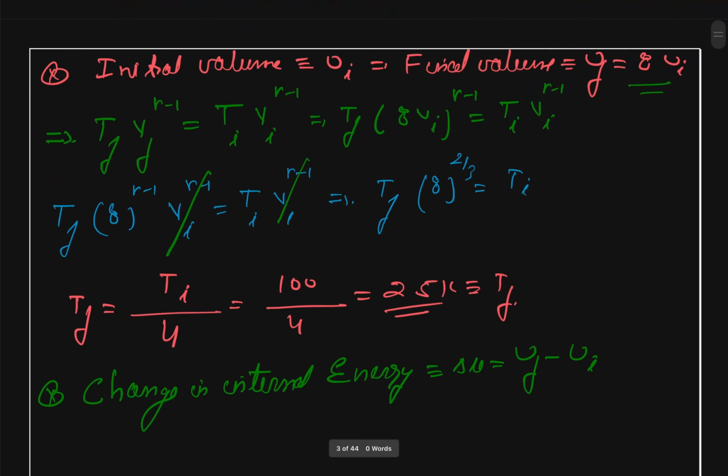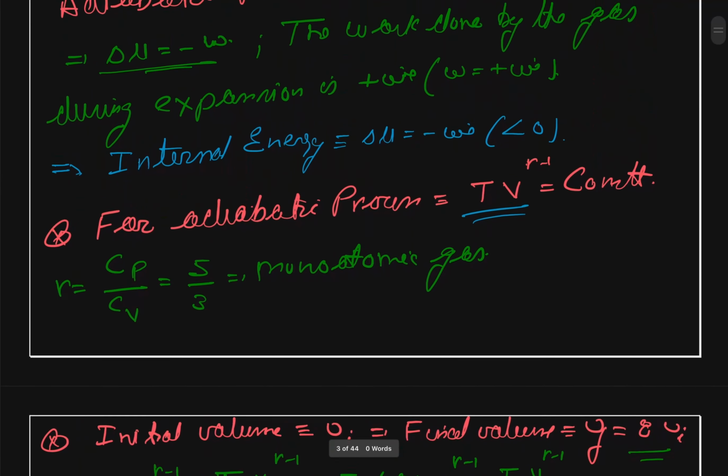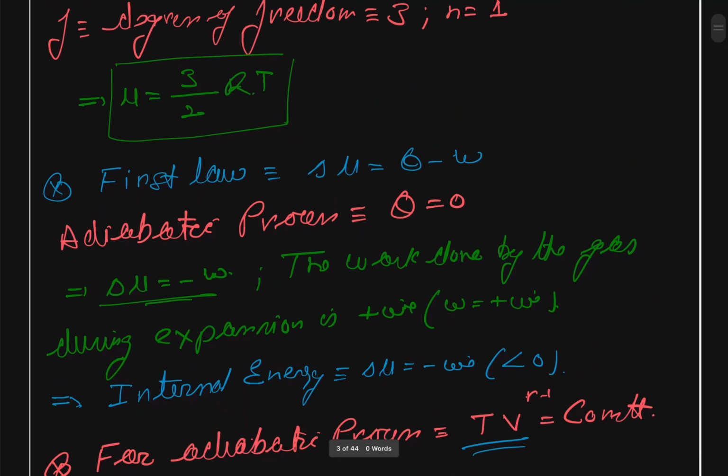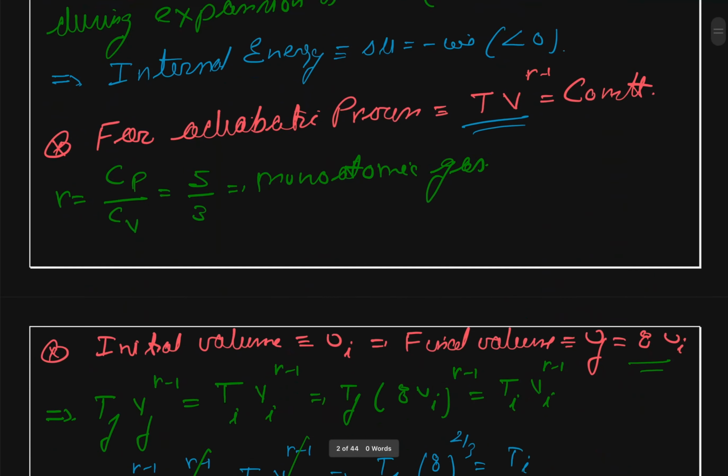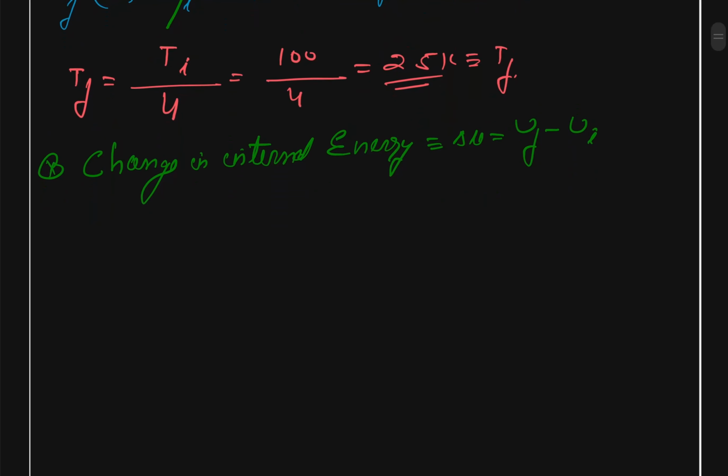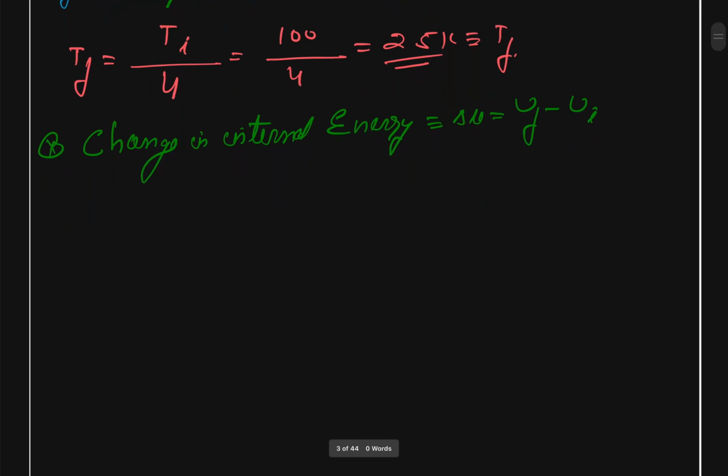We already know the general formula of our U, that is 3/2 RT. So we can write the same formula in terms of initial temperature as well as final temperature. Therefore we get delta U is equal to 3/2 R T_F minus 3/2 R T_I.